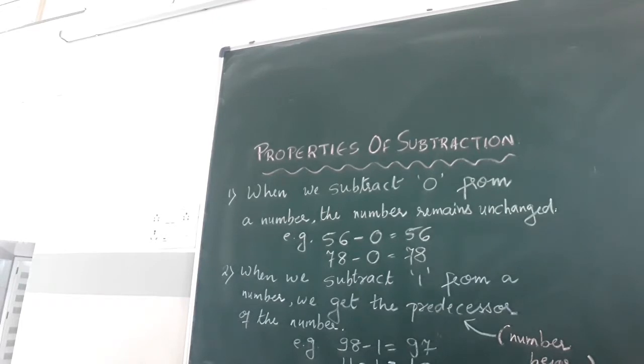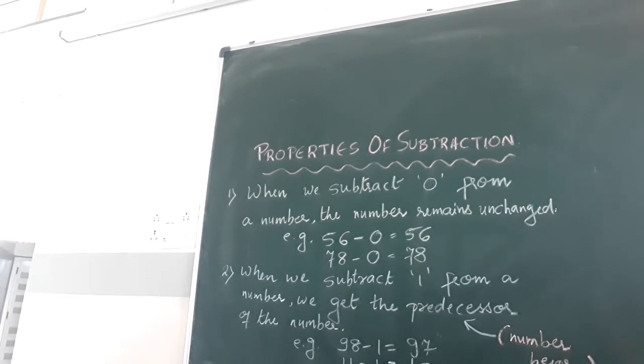You can also read it as 0 is subtracted from 56 and the answer is 56. Go to the next example, you can read it as 0 is subtracted from 78 and the answer remains unchanged, that is 78.